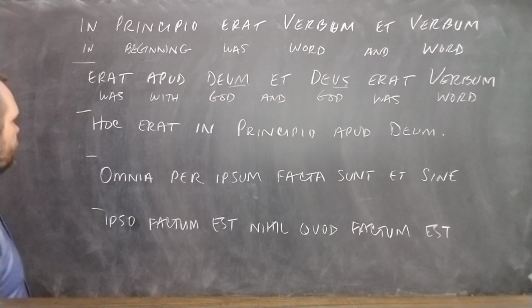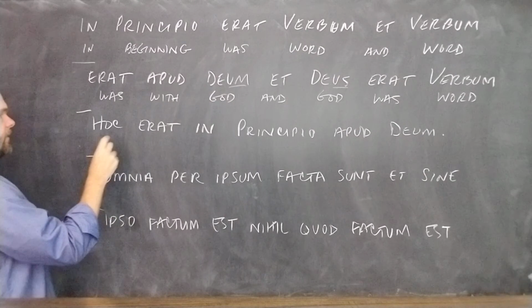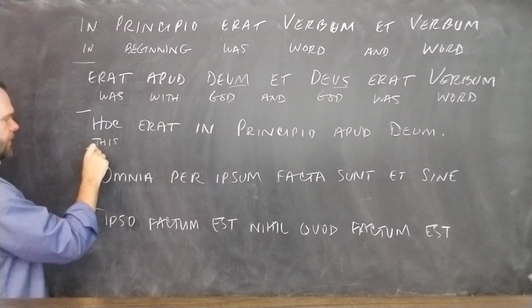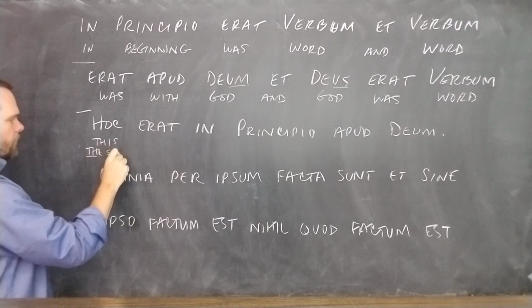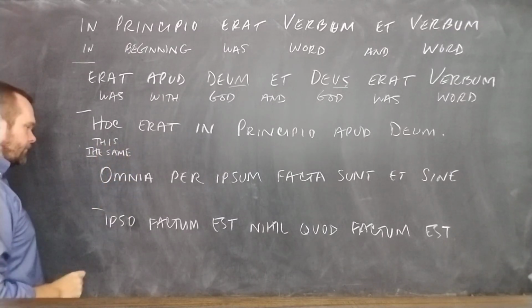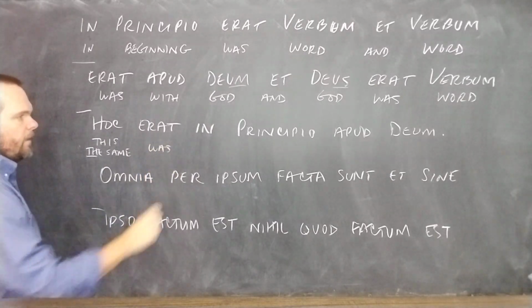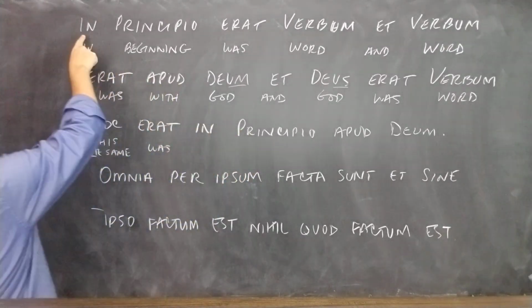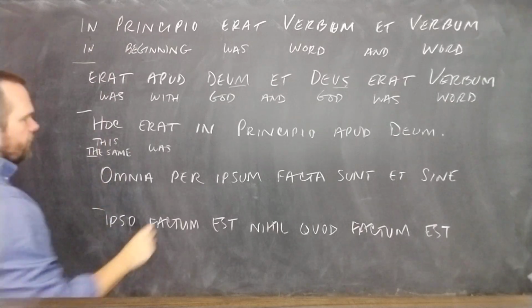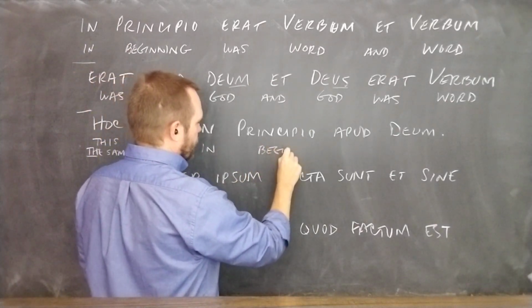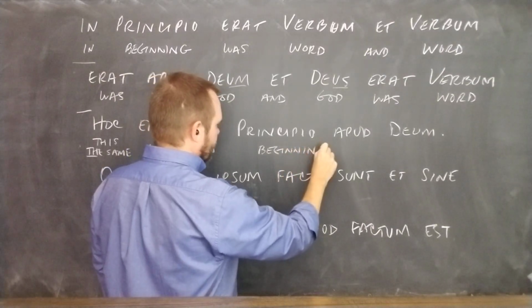The next word in our reading is hoc, and I see the exposition may say this, or it may say the same. I think it says vis. Erat, we already know that means was. In principio, we already saw that phrase at the beginning. It means in beginning. And notice I'm writing the English text a little small.